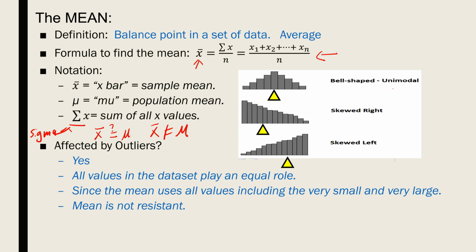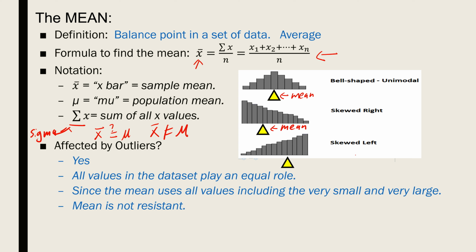For a bell-shaped unimodal distribution, the mean usually locates at the center of the histogram. For a skewed to the right histogram, usually you can find the mean at the left part of the histogram.